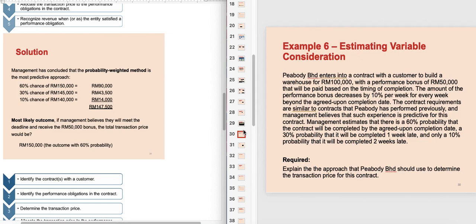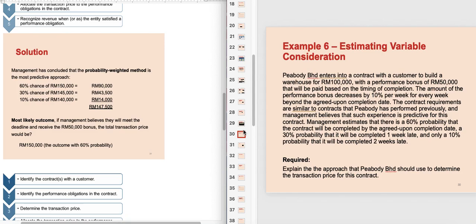So if the entity is efficient, then the entity will get 100,000 plus 50,000 if they perform within the expected completion date. The amount of this bonus decreases by 10% per week for every week beyond the agreed upon completion date. So in the agreement, it stated that if the warehouse is delivered later than 1 week as promised, then the bonus of 50,000 will be deducted.